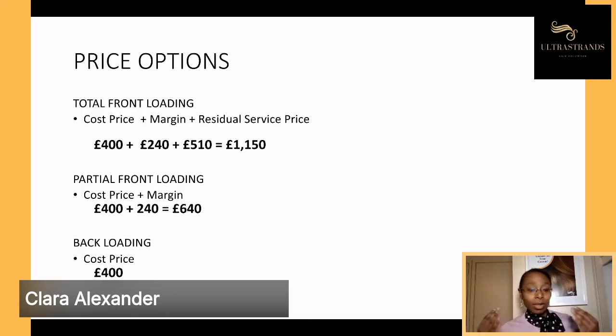So, the reason I'm saying that is if you partially front load and say you have a product and the cost price is £100. The recommended retail price is £150. Okay.